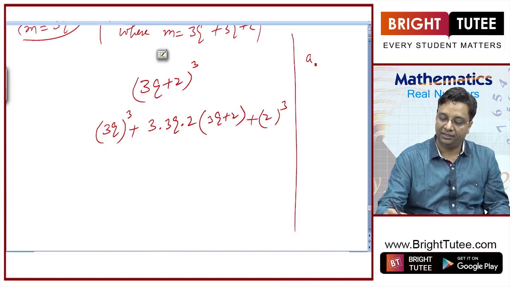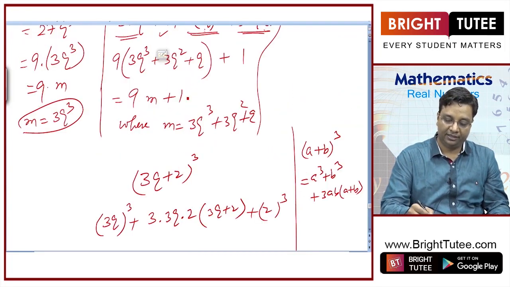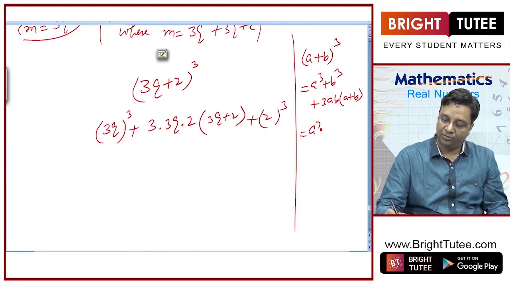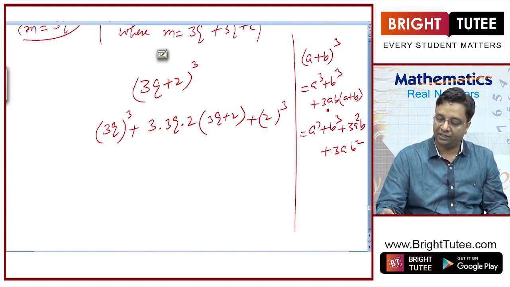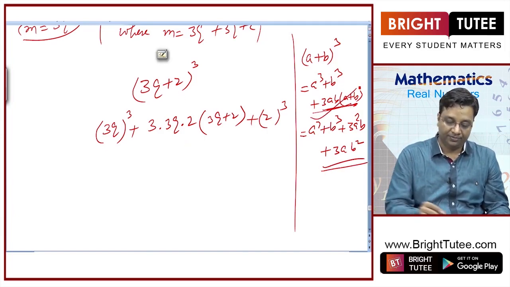What I have done is a plus b cubed can be written as a cube plus b cube plus 3ab into a plus b, or like in this, I did a cube plus b cube plus 3a square b plus 3ab square, which is just to open this bracket. So, this can be written as this or this. So, here I have used this.